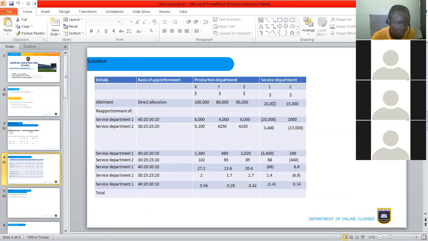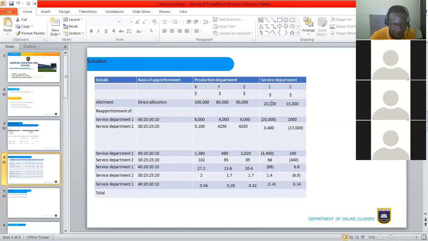Now what you have to do is go back. We have production department X, and we are supposed to calculate 40% of the service department cost for this production department. So you write your 40%, which is 40 over 100, times 20,000.